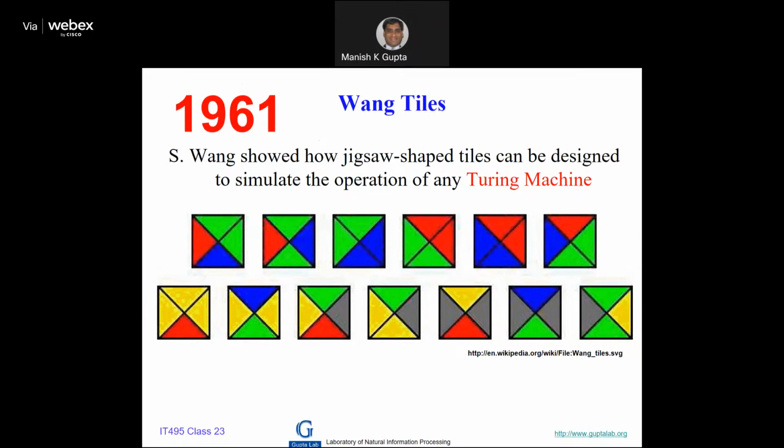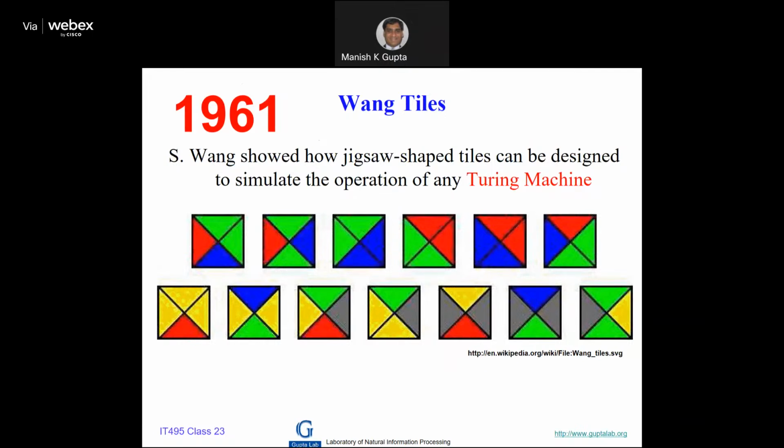So the first idea is about Wang tiles. I'm again recapping what a Wang tile was. There are these tiles, and you can do any computation using these tiles. Two tiles can come together.